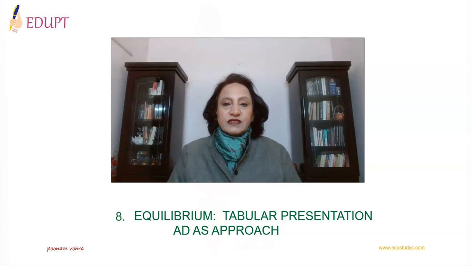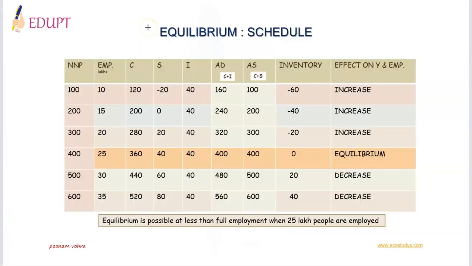So let's understand the equilibrium process through a numerical example. Let us understand the equilibrium level of income and employment with the help of this tabular presentation. The information provided here is national income, employment, consumption, and investment. Rest can be derived.